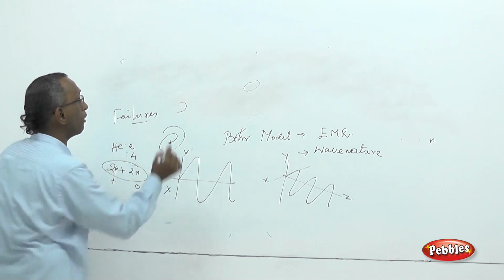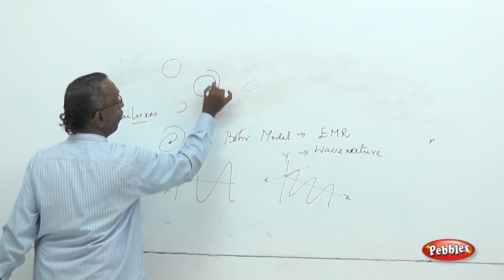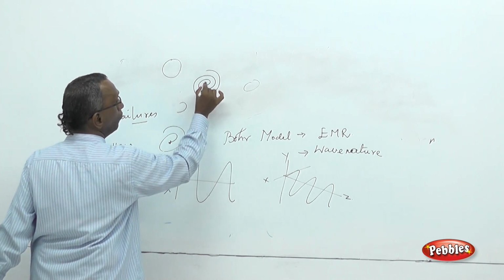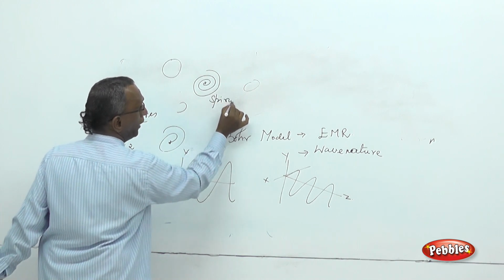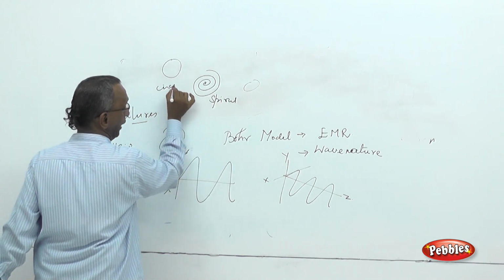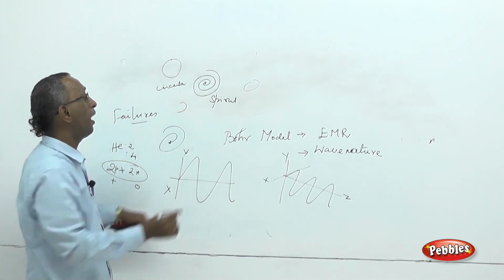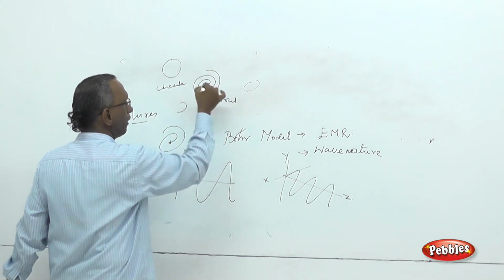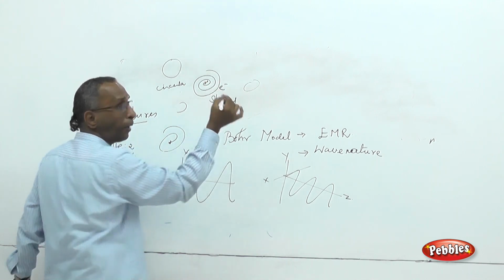It is not a circular orbit. This is called a circular orbit, but the circular radius keeps getting reduced. This is called a spiral. So it is not strictly a circular geometry, it is not continuously in a circular orbit. As time proceeds, it comes to the nucleus, because the electron is negatively charged and the nucleus is positively charged.